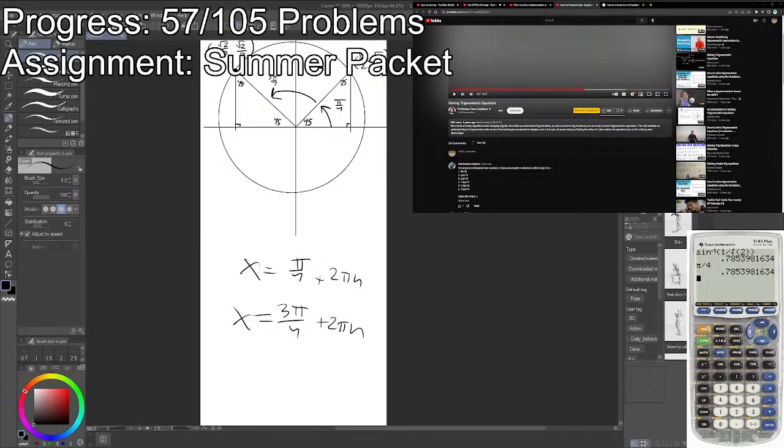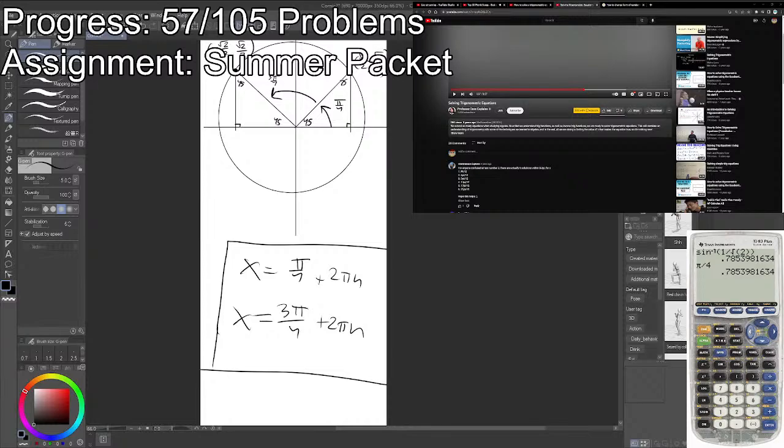Is that it? I think that's it. If I did it right, it's easier than the last one. I don't think I even did the last one right. I don't have an answer key, by the way, so.